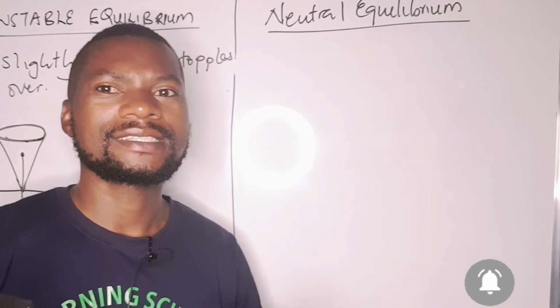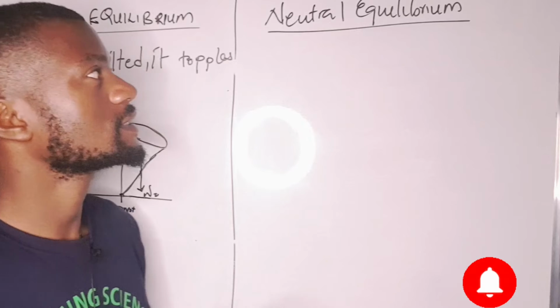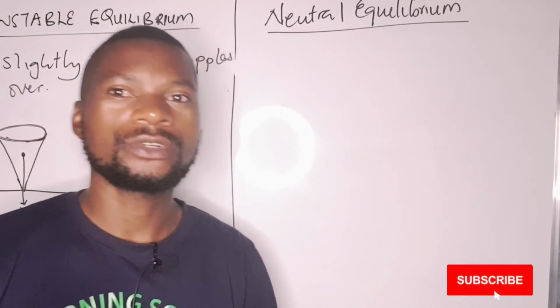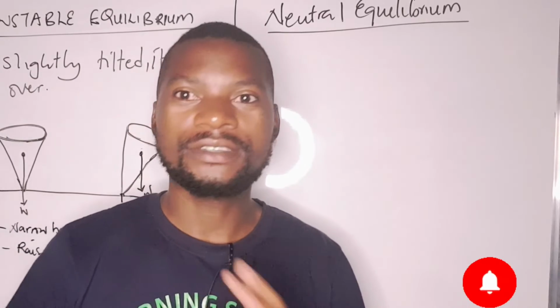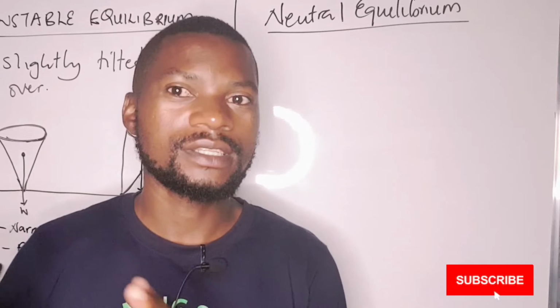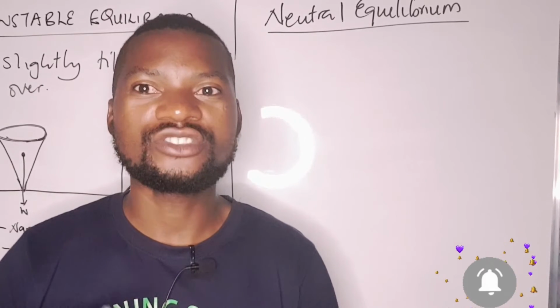Let's try to look at this other case of equilibrium, which we are calling the neutral equilibrium. So the neutral equilibrium is slightly different from these other two that we have talked about, the stable as well as the unstable equilibrium. This one is just neutral.